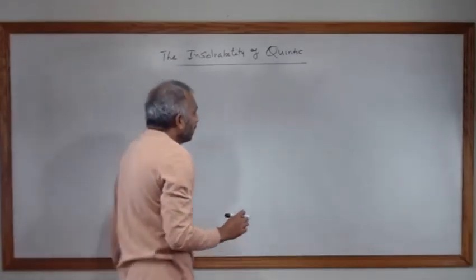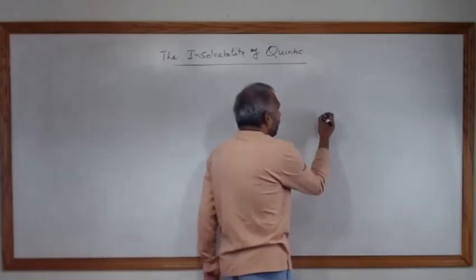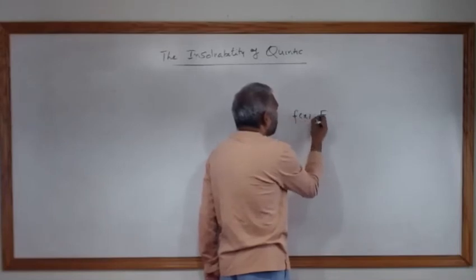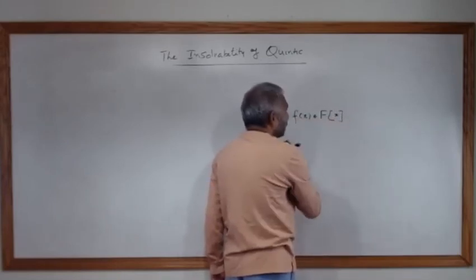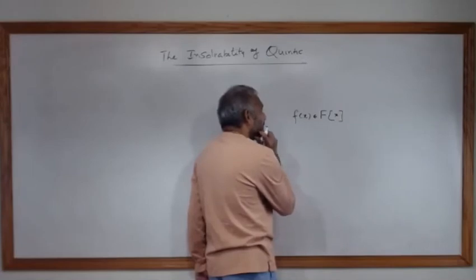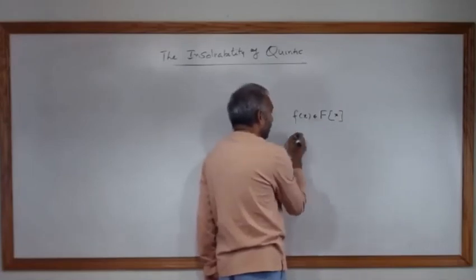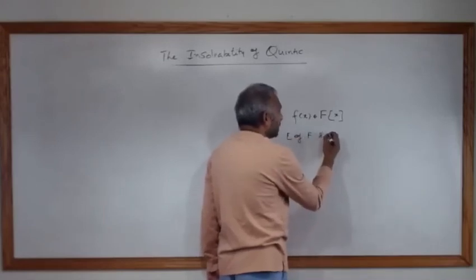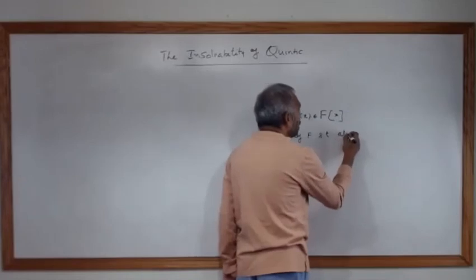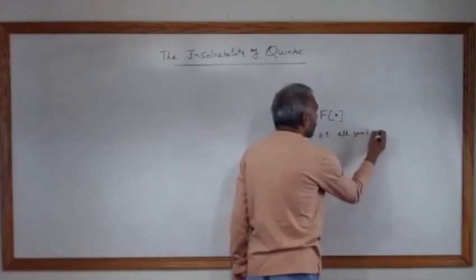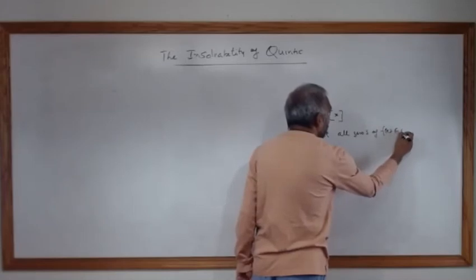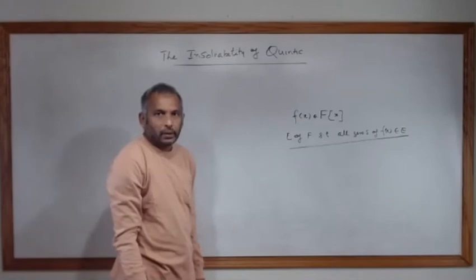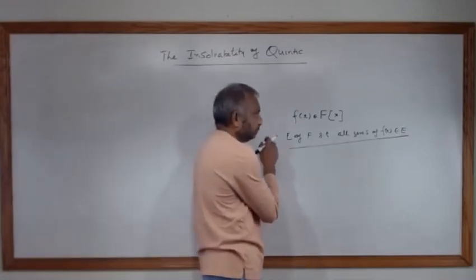We know if F is a field and f(x) belongs to the ring of polynomials, then we can find an extension E of F such that all zeros of f(x) belong to E. Definitely this is possible.